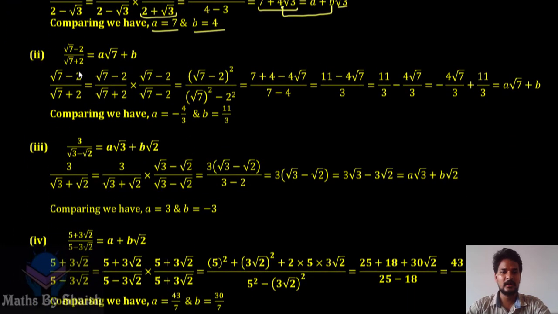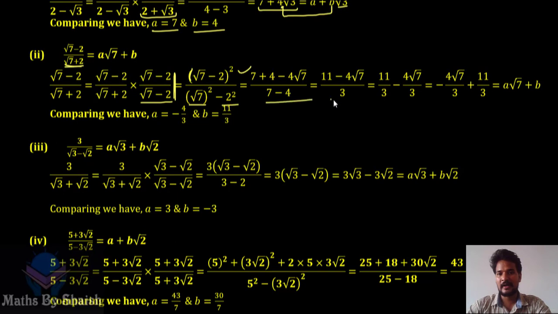Similarly for the second part, root 7 minus 2 over root 7 plus 2. We need to convert this left hand side into this form in the numerator only, so that we can compare. In order to rationalize the denominator, we have to get the rationalizing factor of root 7 plus 2, which is root 7 minus 2. So we multiply in numerator and denominator. In the numerator we got (root 7 minus 2) whole square, in the denominator we got a square minus b square.